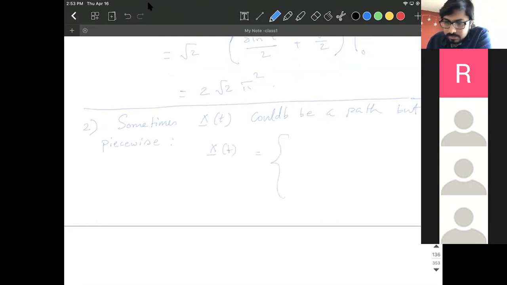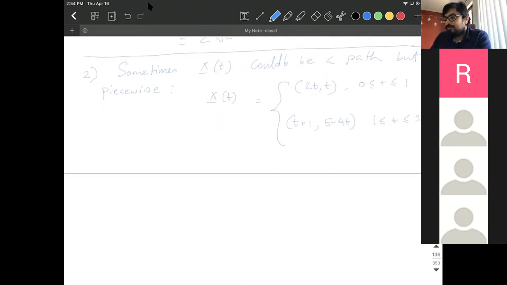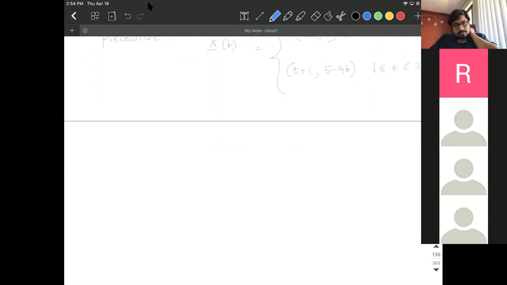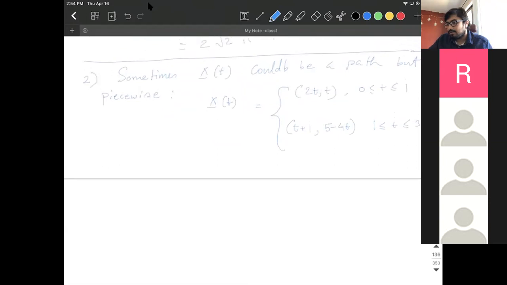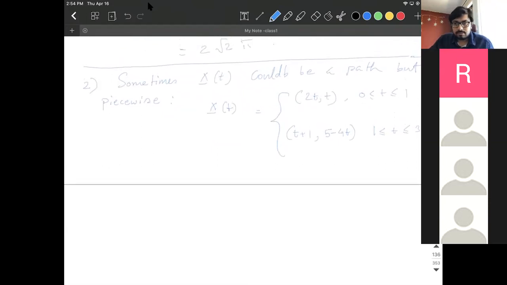Let's write this example. So x of t is given by (2t, t) from 0 to 1, and (t plus 1, 5 minus 4t) from 1 to 3. Now, if you look at the definition of a path, we considered the path to be continuously differentiable.